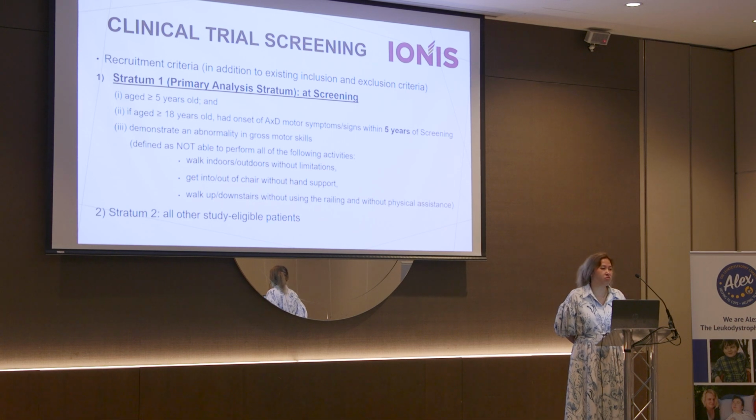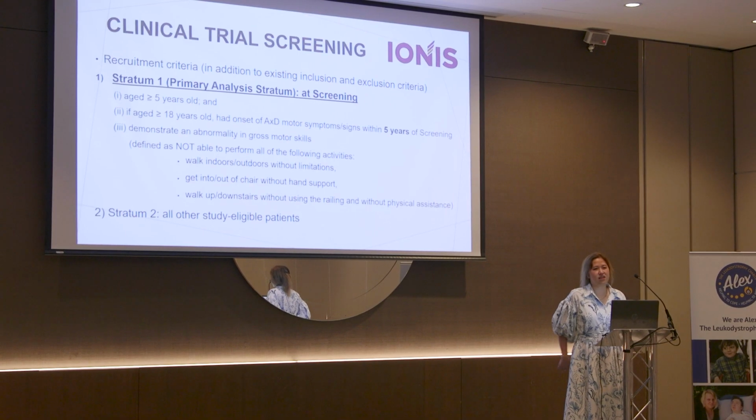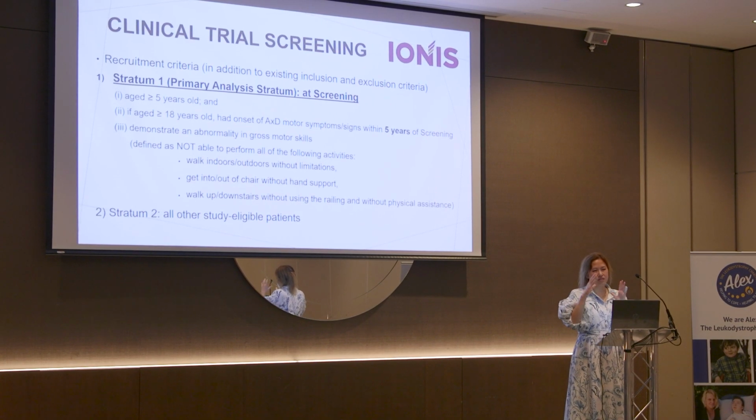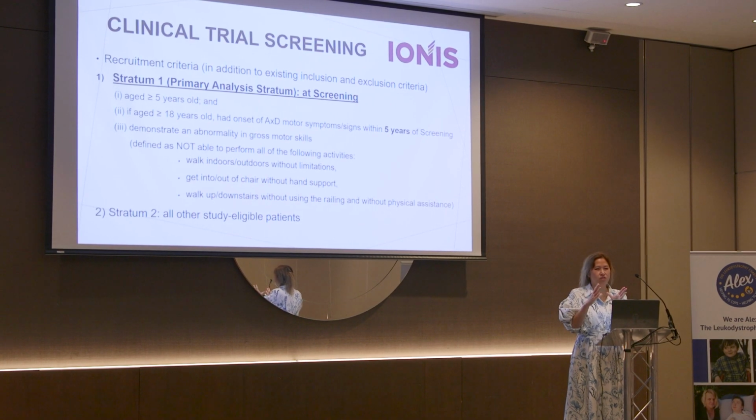He was able to walk, run, everything. Because he was too well, we were not able to recruit him. So when it comes to clinical trials, there are specific criteria that you should be looking at, to see whether they can actually fit into the specific group of patients we are recruiting. That's something that we need to be bearing in mind as parents.